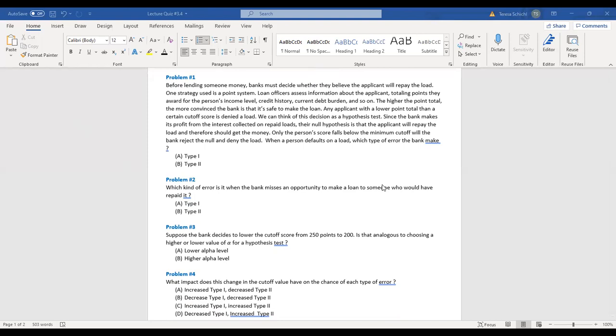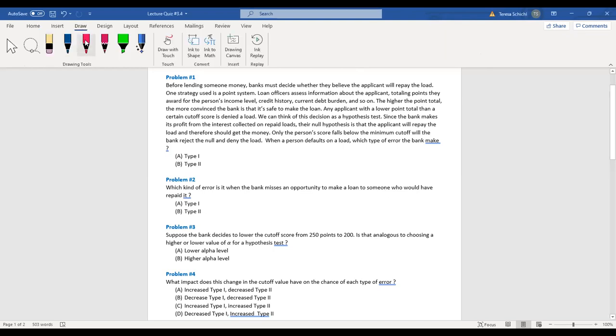The higher the point total, the more convinced the bank is that it is safe to make the loan. Any applicant with a lower point total than a certain cutoff score is denied a loan. We can think about the decision as a hypothesis test here, all right?